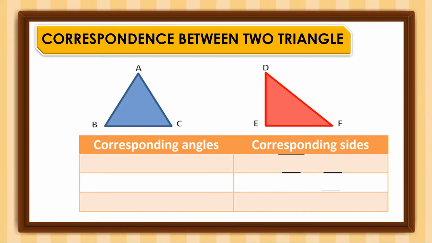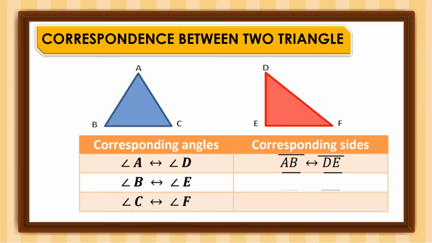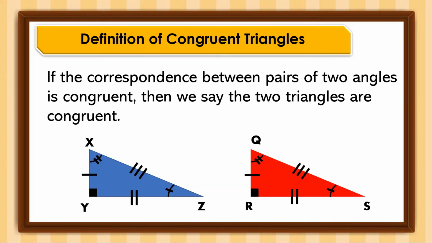The corresponding angles are: angle A corresponds to angle D, angle B corresponds to angle E, angle C corresponds to angle F. And for the corresponding sides, we have segment AB corresponds to segment DE, segment AC corresponds to segment DF, and segment BC corresponds to segment EF.